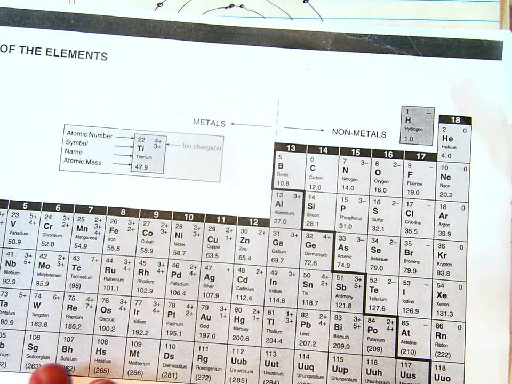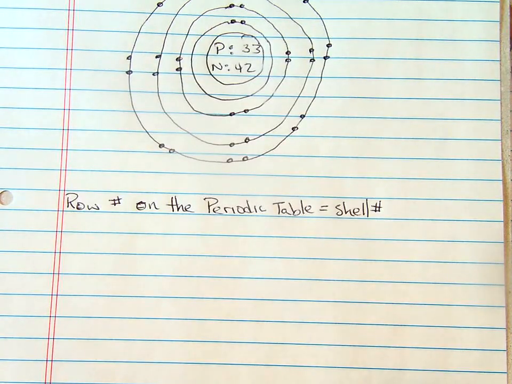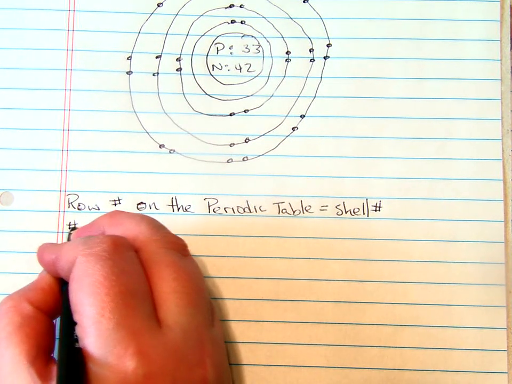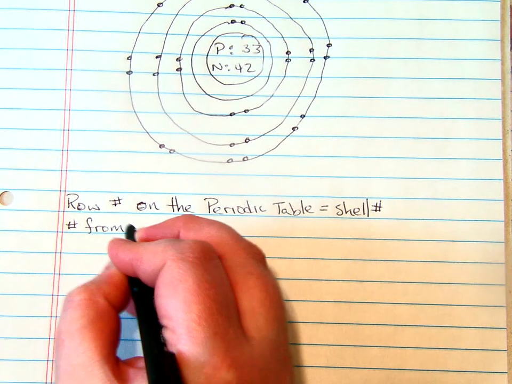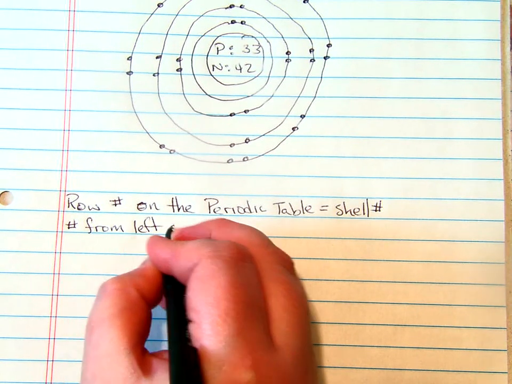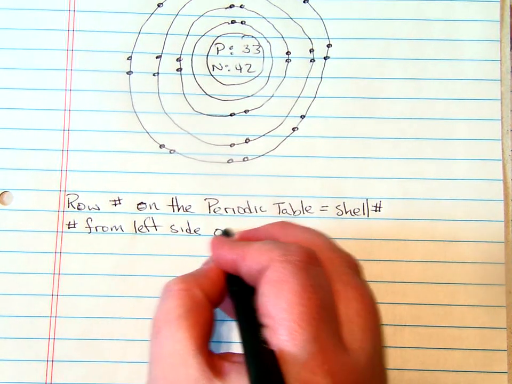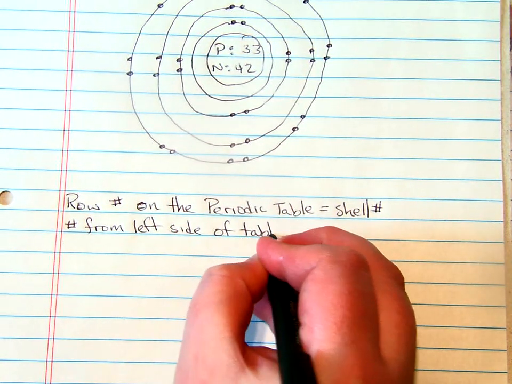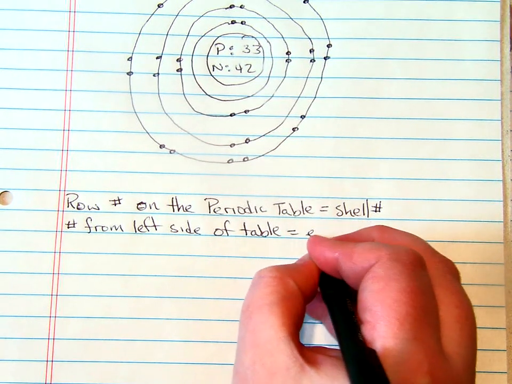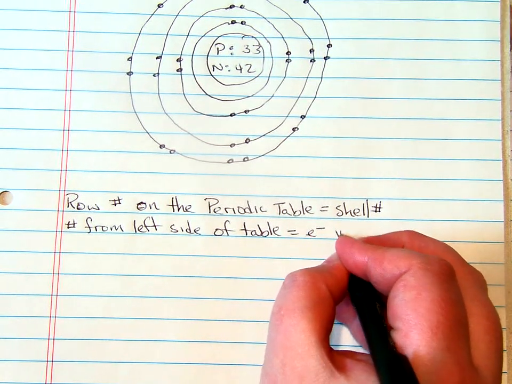Okay. The second trick, it's going to make your life a lot easier, is that the number from the left side of the table is equal to the electrons in the outermost shell.